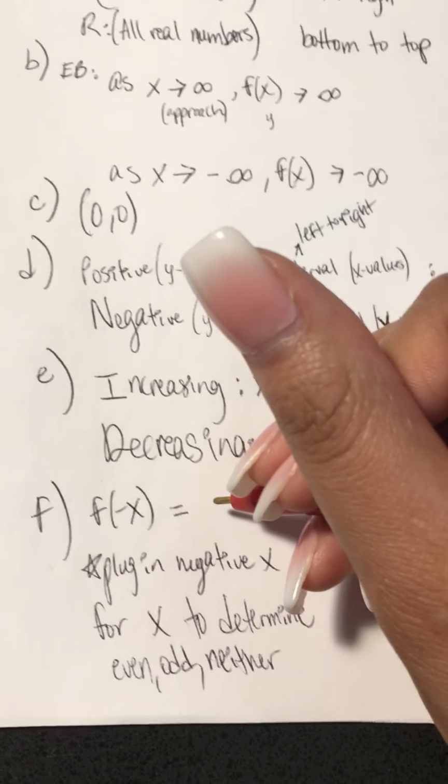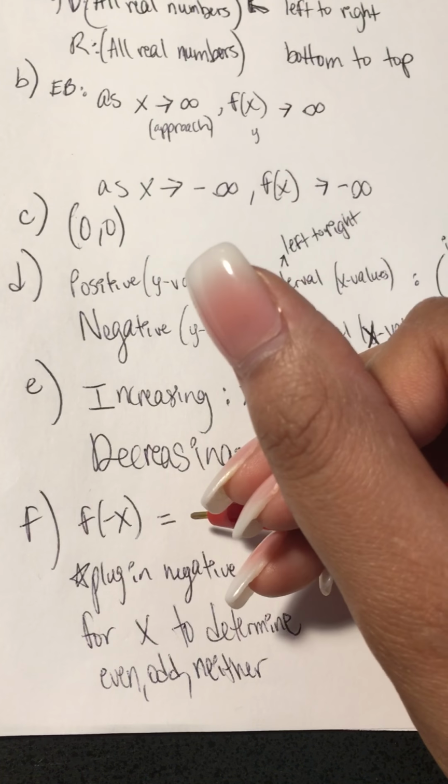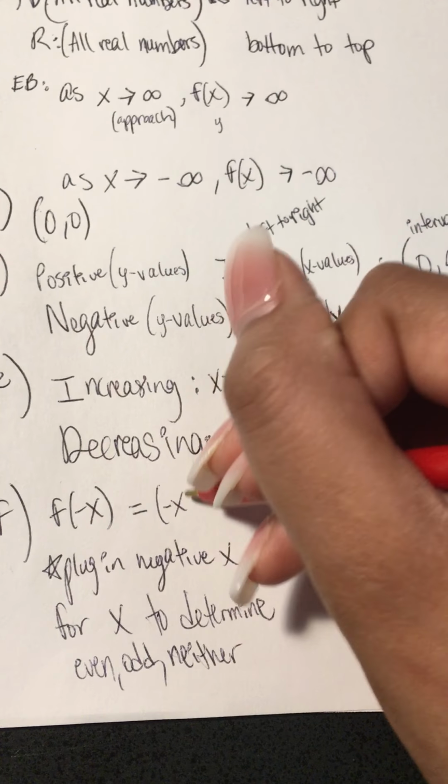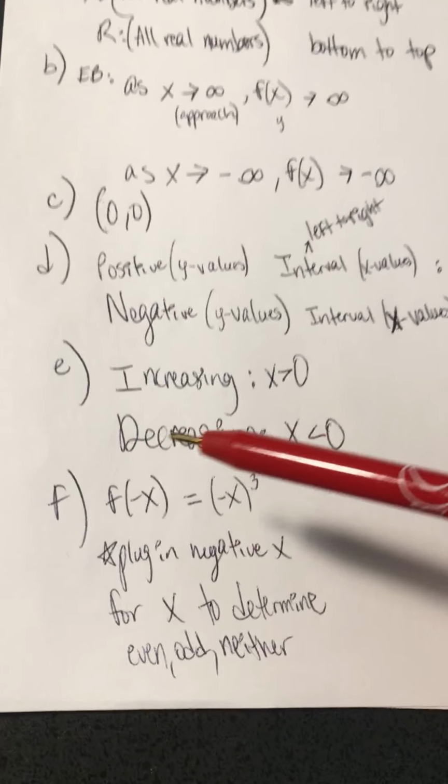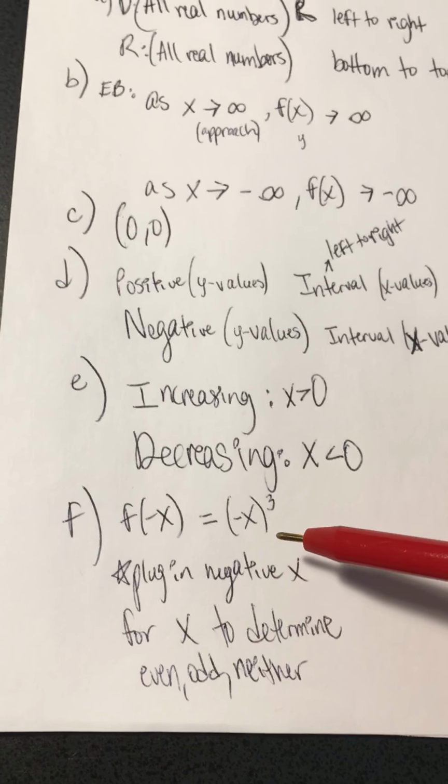The original function was x cubed, but instead of an x, I'm going to replace it with negative x. In parentheses, please, the cube goes outside parentheses. So replace x in the function with negative x.